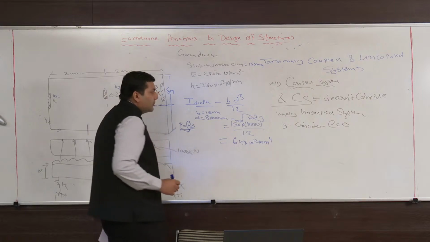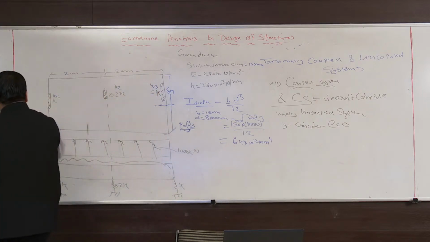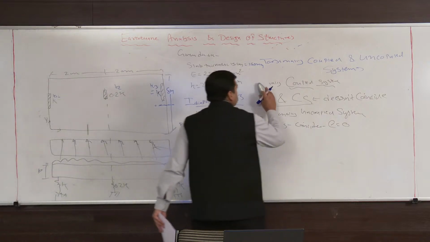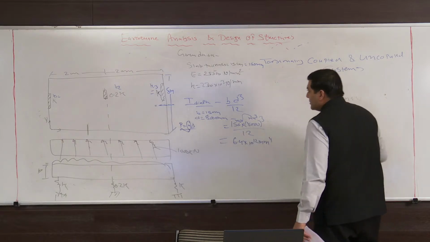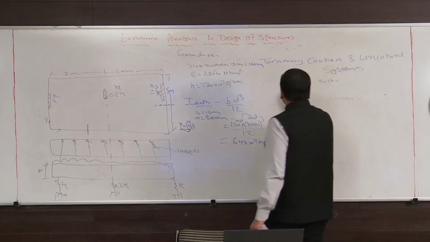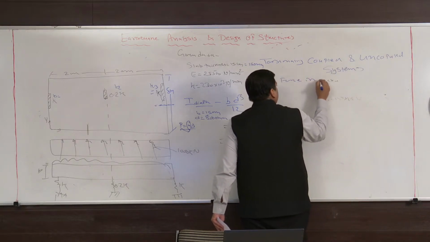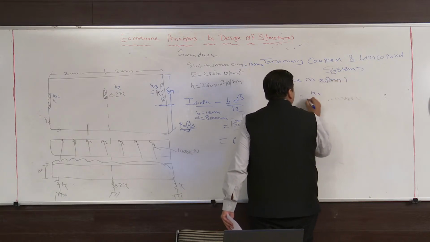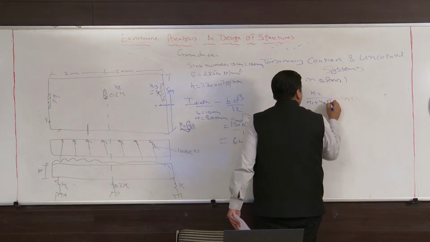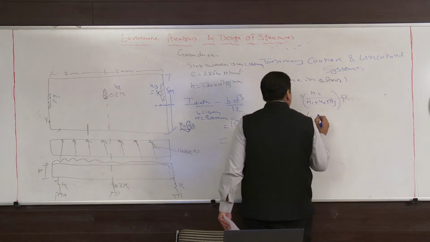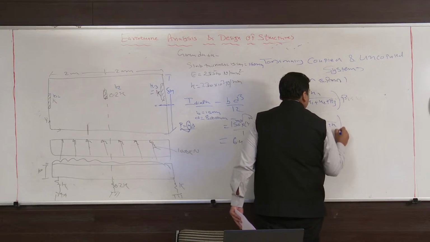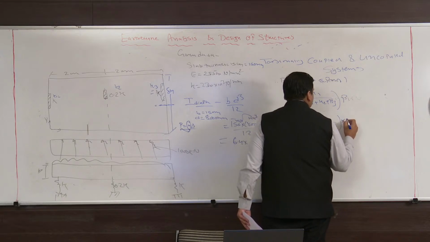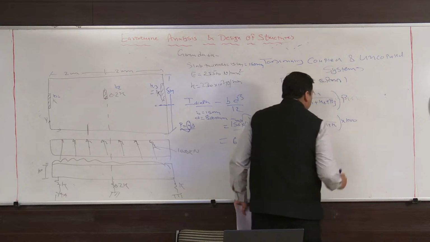So force in spring 1 is equal to K1 upon K1 plus K2 plus K3 into total force. So it is K upon K plus 0.2 K plus K into 1000.